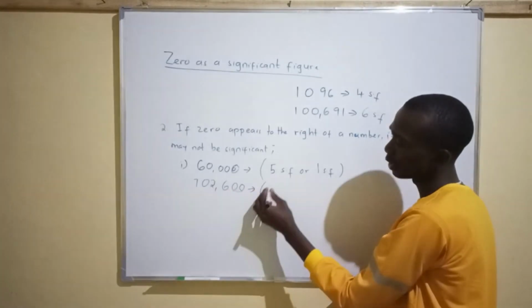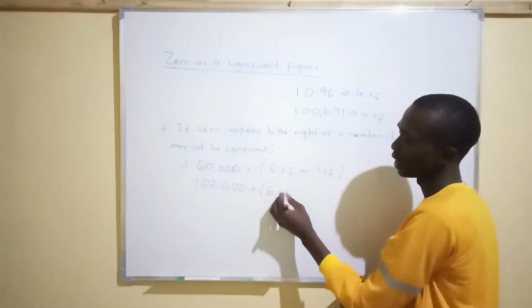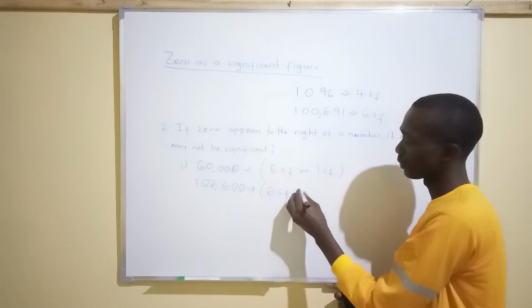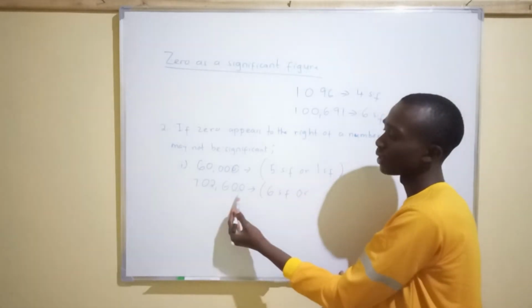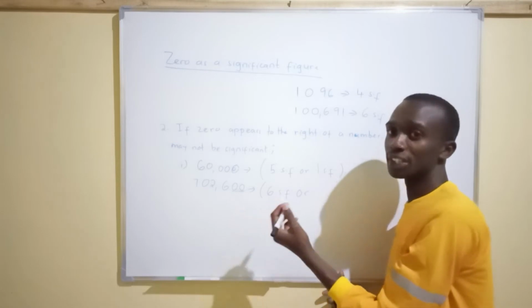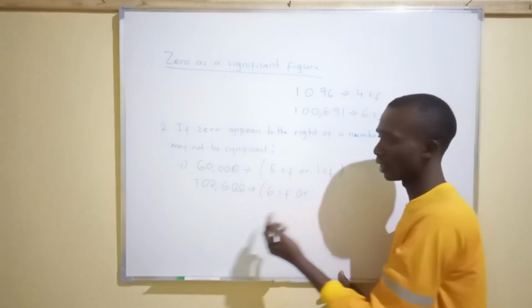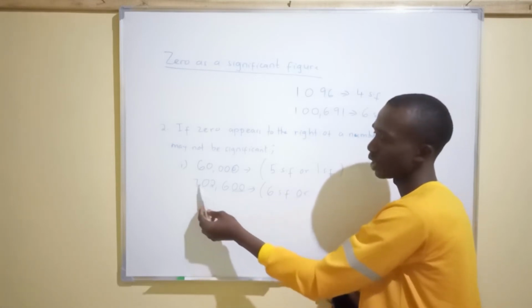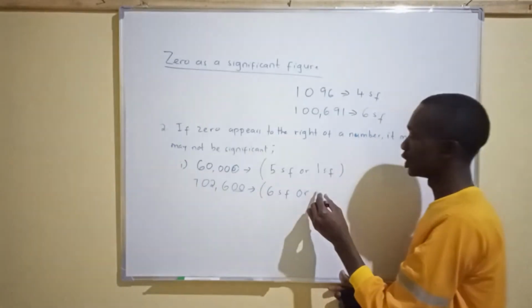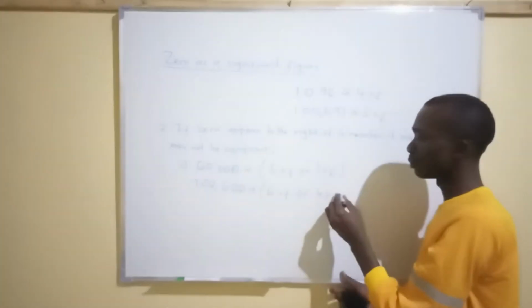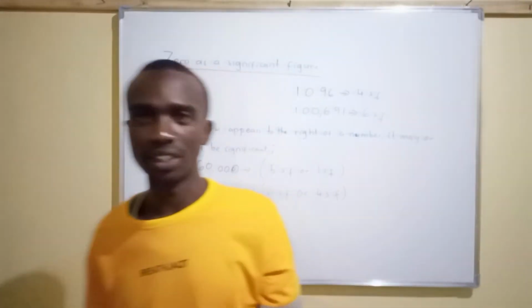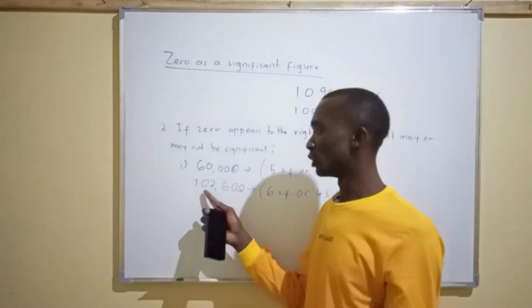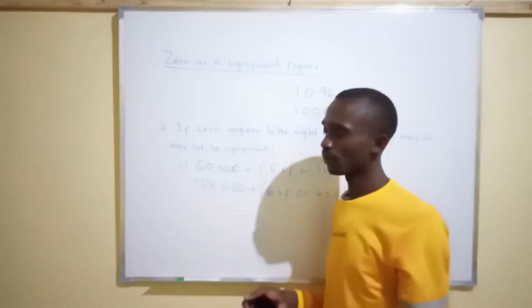So this number can either be 6 significant figures, that is the first case, or in the second case, we can assume that these two zeros are not significant because 0 is appearing on the right of a number. So how many significant? 1, 2, 3, 4. So these are 4 significant figures. It can either be 4 significant or 6 significant. The first 0 is counted as significant.